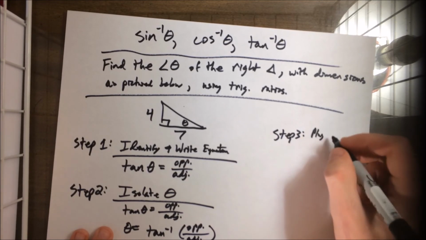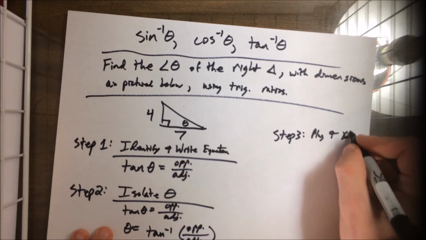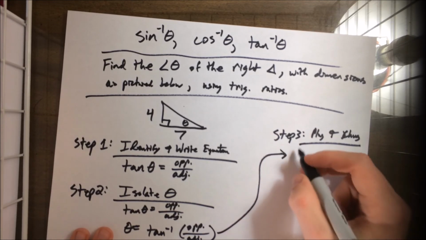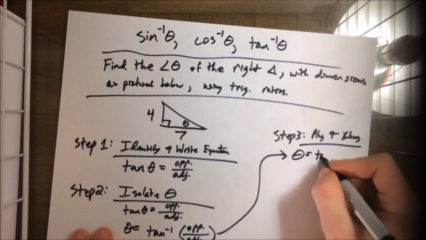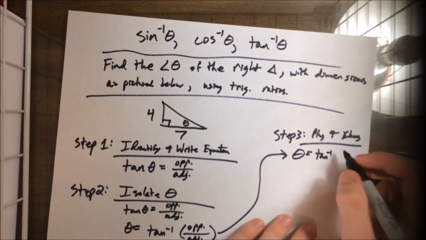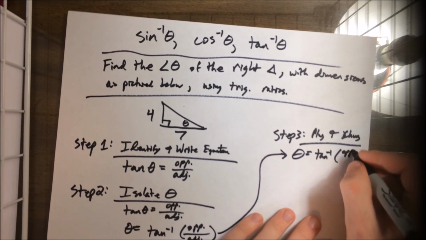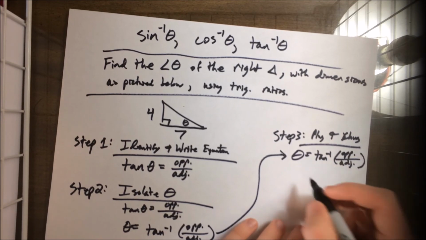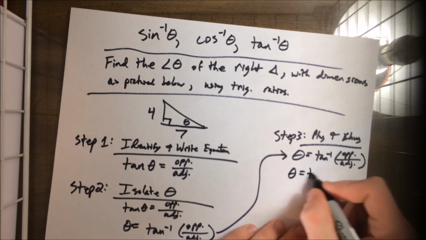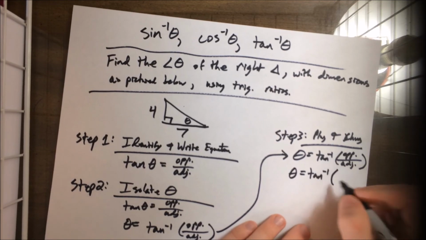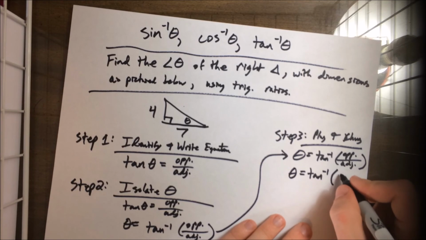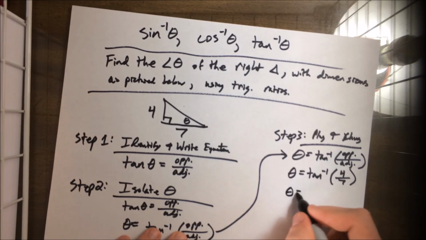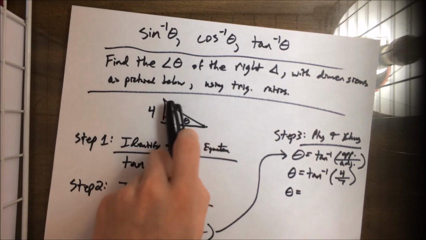Plug and chug. So theta is equal to tangent to the -1, or arctan, of opposite over adjacent. Theta is equal to the arctan of 4/7.